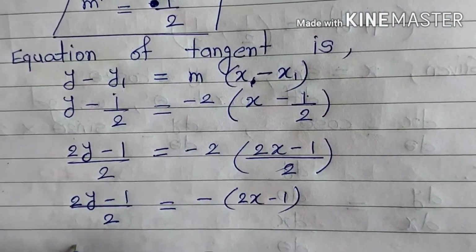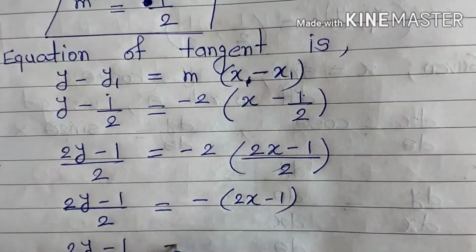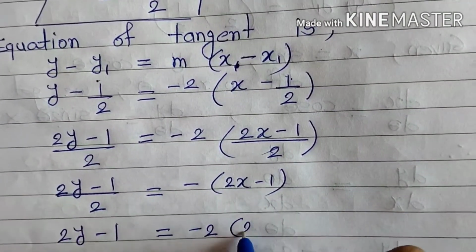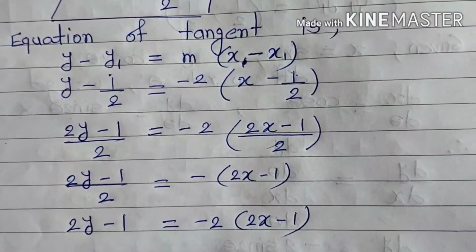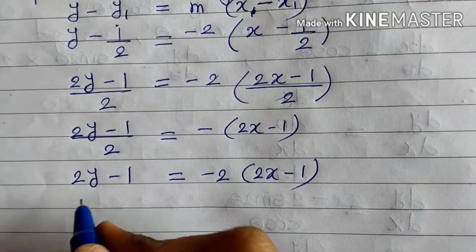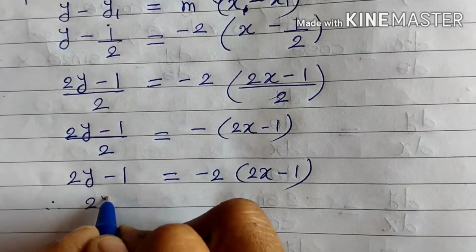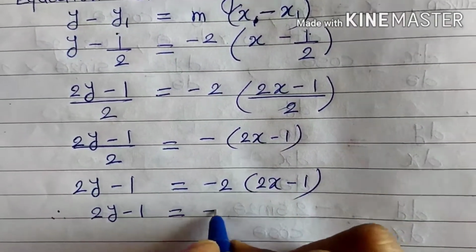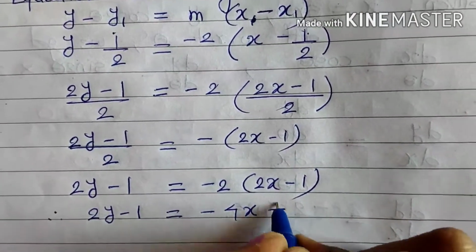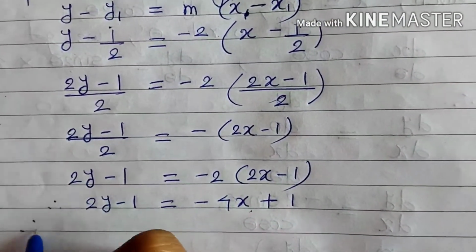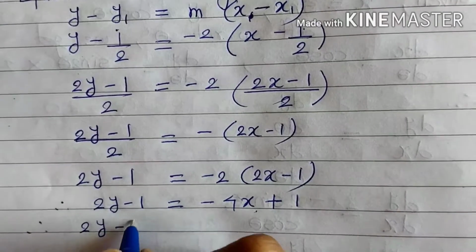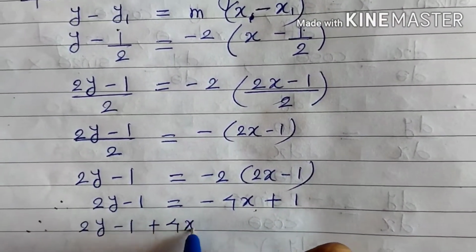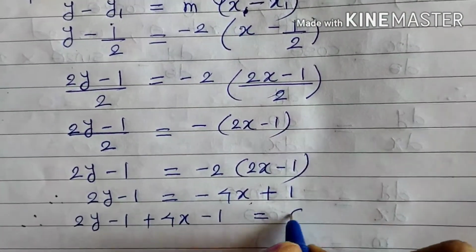Now these 2 multiply there, so it will become -2 times 2x minus 1. Now 2y minus 1 is equal to minus 4x plus 1.